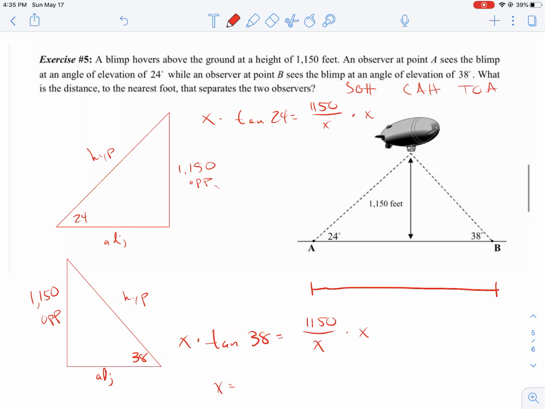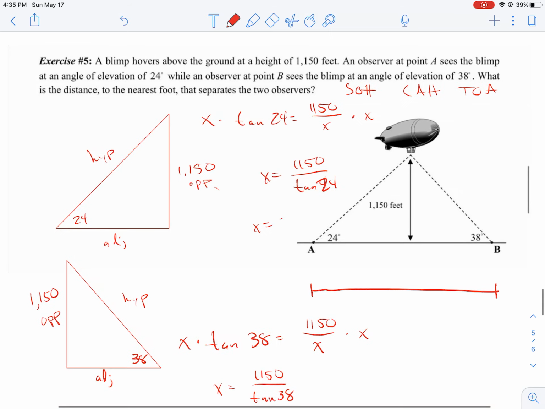So down here you're going to get x is equal to 1150 divided by the tan of 38 degrees, and x is equal to 1150 divided by the tan of 24 degrees. In the first one, x is equal to 2582.94.